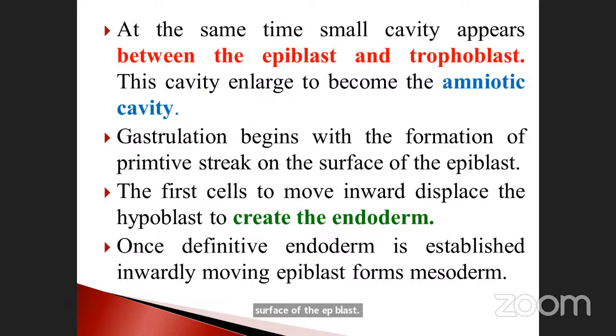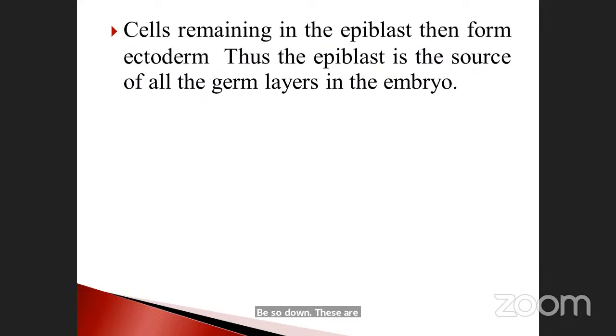The first cells to move inward displace the hypoblast to create the endoderm. Once definitive endoderm is established, inwardly moving epiblast forms mesoderm. These all happen inside only. The cells remaining in the epiblast then form ectoderm. Thus, the epiblast is the source of all the germ layers in the embryo.